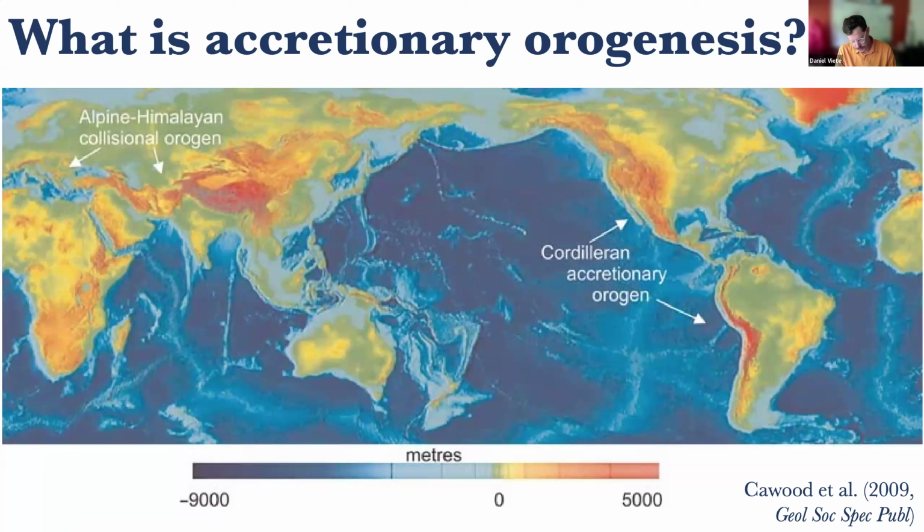So for the purpose of this talk, I'm going to define accretionary orogenesis as orogenesis that involves subduction in some sense. But there are a couple of things that I just want to point out here. First of all, the geological record requires the involvement of continental crust.